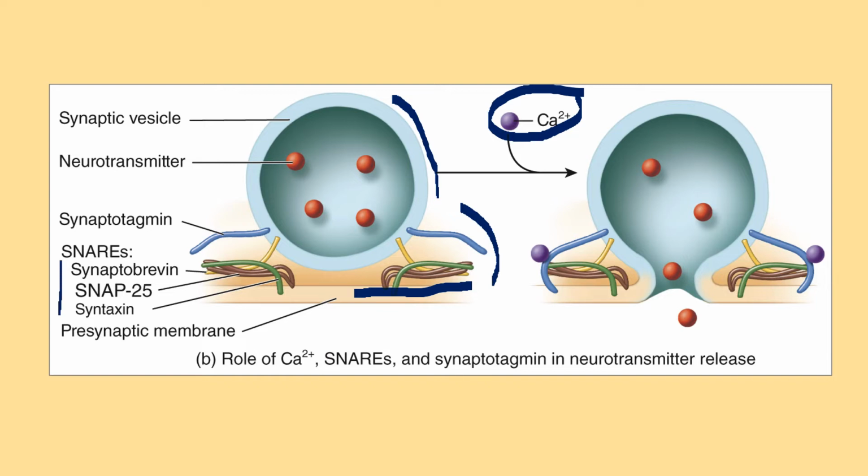Please don't learn them unless you want to. I won't ask you about them. But calcium ions interact with these snare proteins, and these snare proteins physically pull on the vesicle and induce exocytosis. So here we can see individual molecules of acetylcholine being released from, or secreted from, the motor neuron.